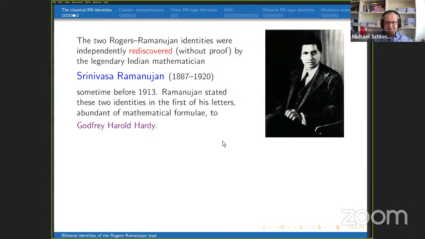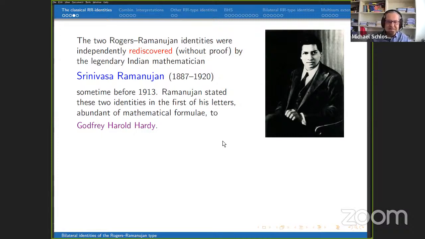And then Ramanujan was actually the first to popularize these identities, in the sense that he sent them without proof in a letter to Hardy. So actually special cases of them were sent to Hardy.